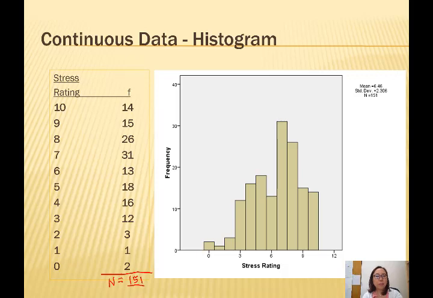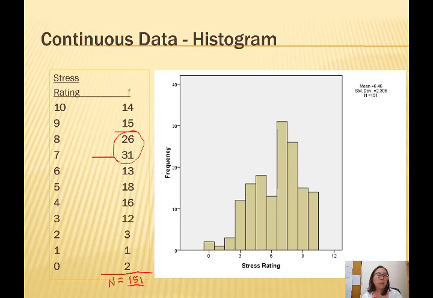So we have a sample size of 151 people, and they were asked a question to rate their stress level on the scale 0 to 10. When you look at the frequencies, you kind of see where most people are congregated, right? Maybe around here. You see a lot of numbers here, and you kind of estimate that that would be sort of the mid-range as well.